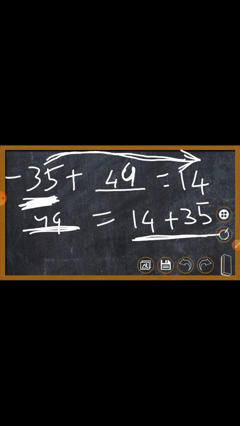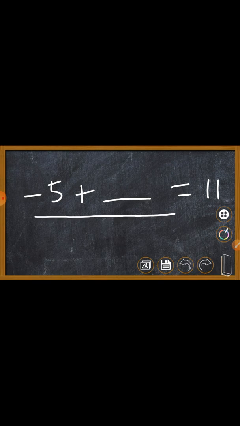Let us do another example. Suppose I give you minus 5 plus how much is equal to 11. How are you going to do it? This is the left hand side of the equal to, this is the right hand side of the equal to. Along with the blank over here, there is a minus 5.